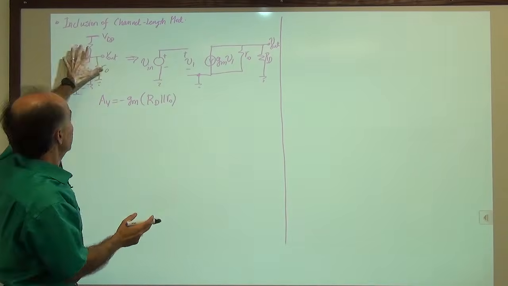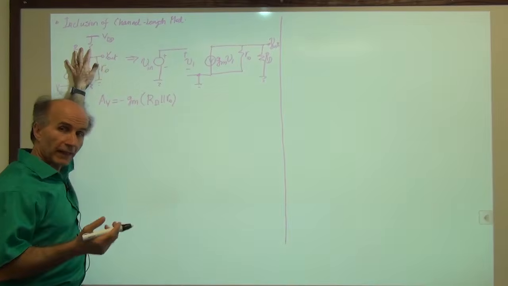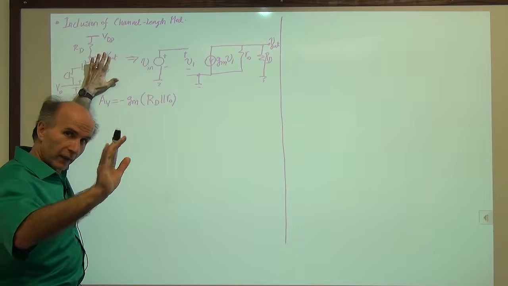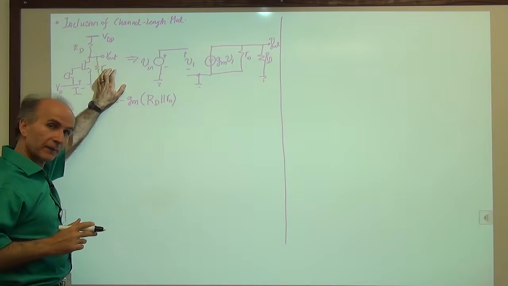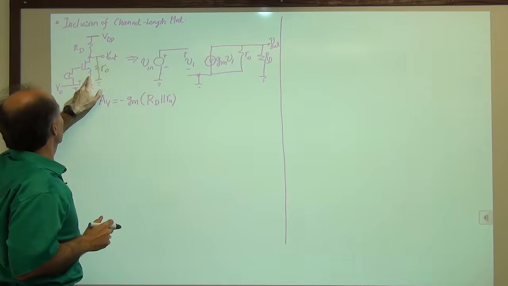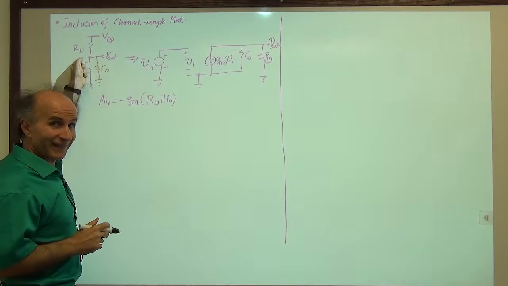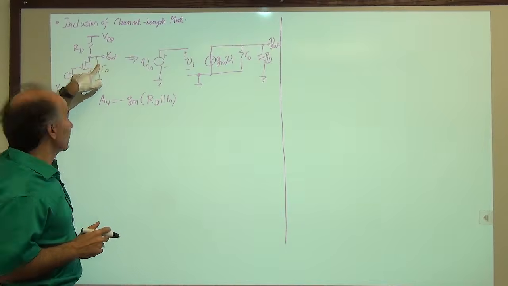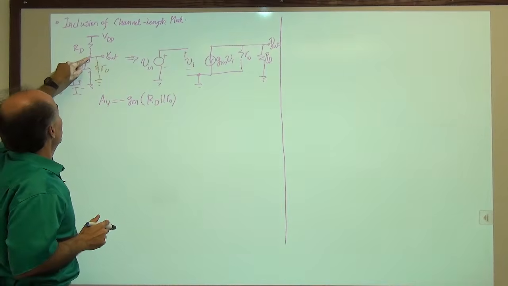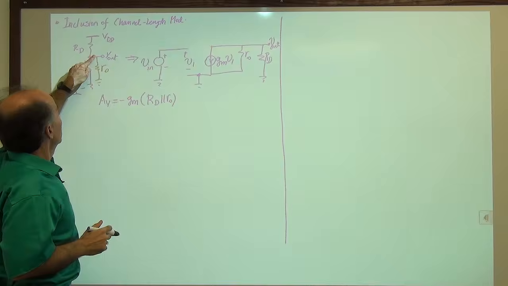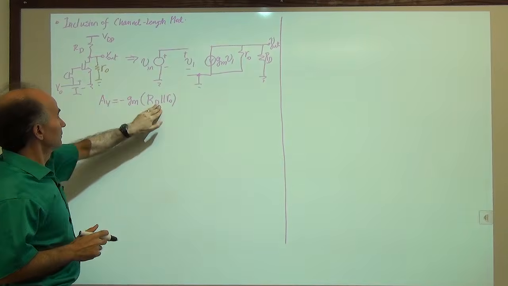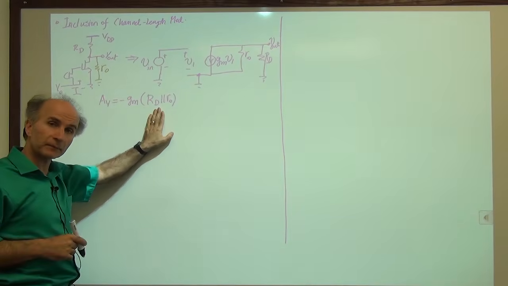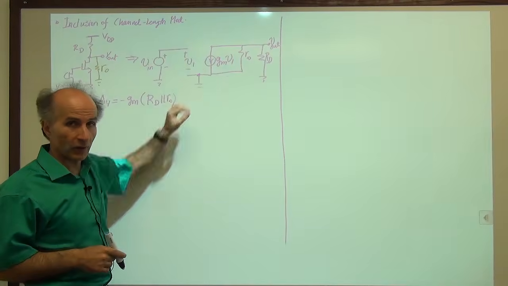This is not really the small signal model. But without showing anybody, I'll just do it like this in my head. I say, oh, there's an RO from drain to source. I take it out of the transistor and draw it here. And I say, well, from the drain, I have RD to AC ground and RO to AC ground. So, boom, that's what we get. Okay, so we don't even have to draw this.